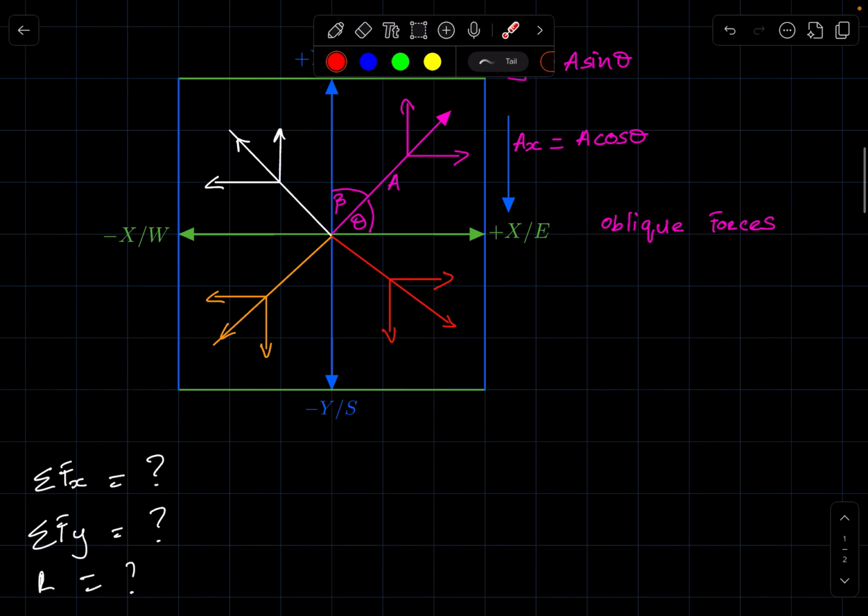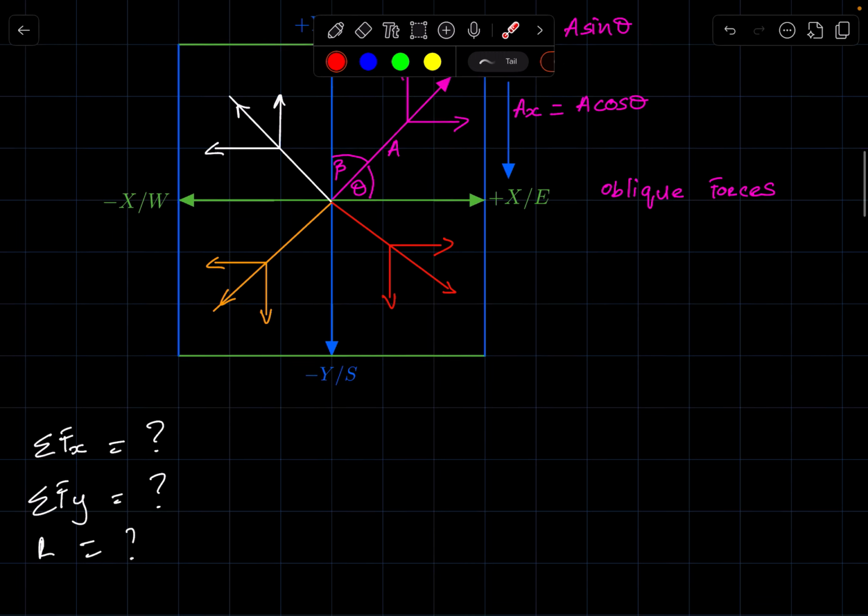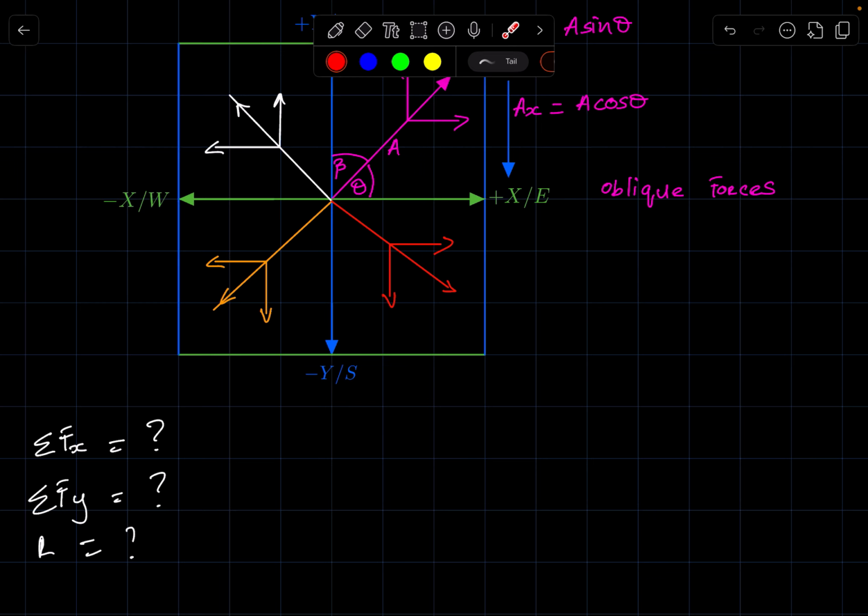Now, the reason I say this is that if you have to resolve an oblique force for problems based on forces, there are essentially a couple of methods we can use, but the methods are grouped into two groups.